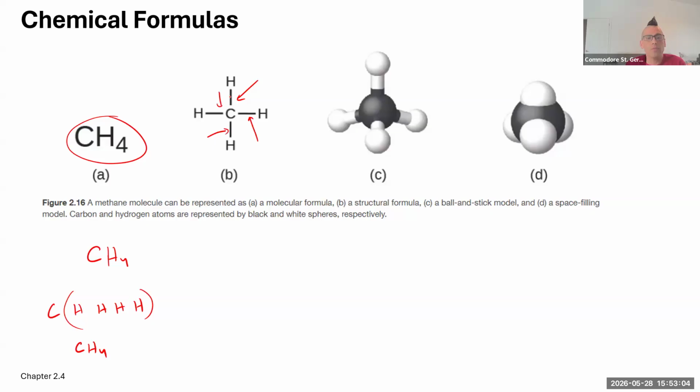Each of those lines represents two dots. This is the ball and stick model. This is a space filling model, showing how big the radii of the electrons and atoms will be.